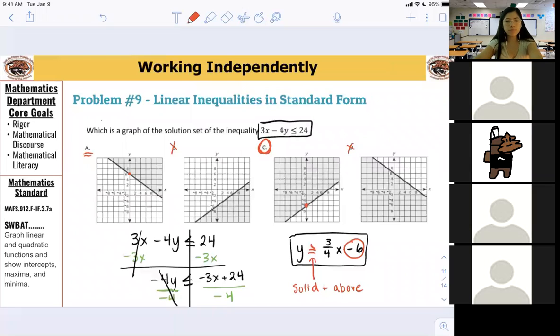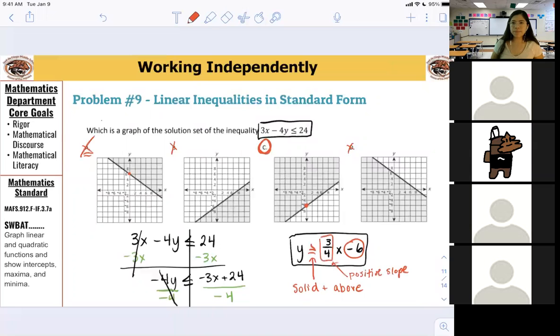The rate of change. The rate of change is positive, so it has a positive slope. Yeah, and A has a negative slope. So we know that C is the only one that matches.